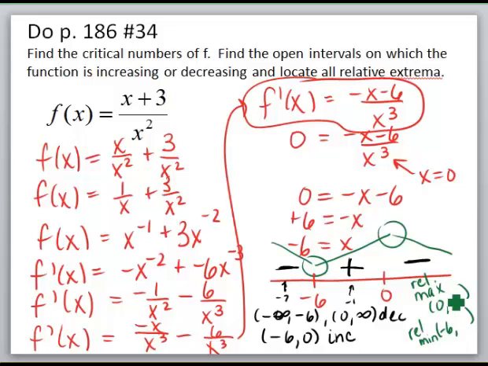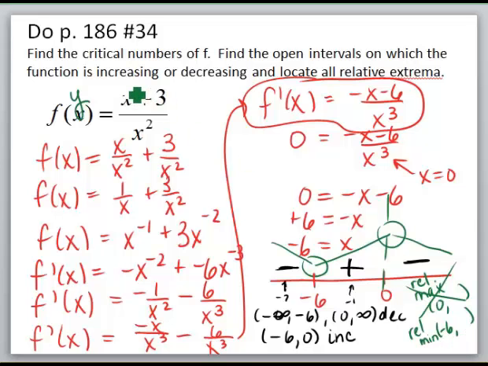So where am I going to plug this in? We'll have to plug it back in for y value. So when I plug 0 up here, well, that's not going to be a max or a min because it doesn't exist. So there is no max. Remember, it was discontinuous there. So that's the reason why.